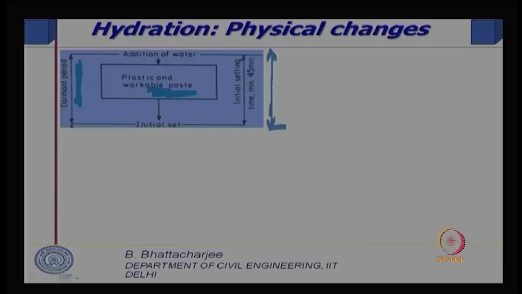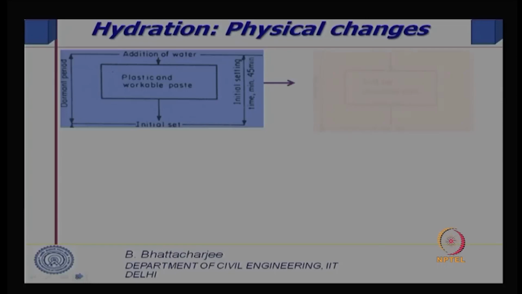It has solidified in such a manner that it is not fully solid, still soft. If you press, possibly you can make a small dent, but if you try to disturb it further, its properties will be affected. So, that is what is initial set. Generally the minimum should be half an hour, and usually could be 45 minutes or so.